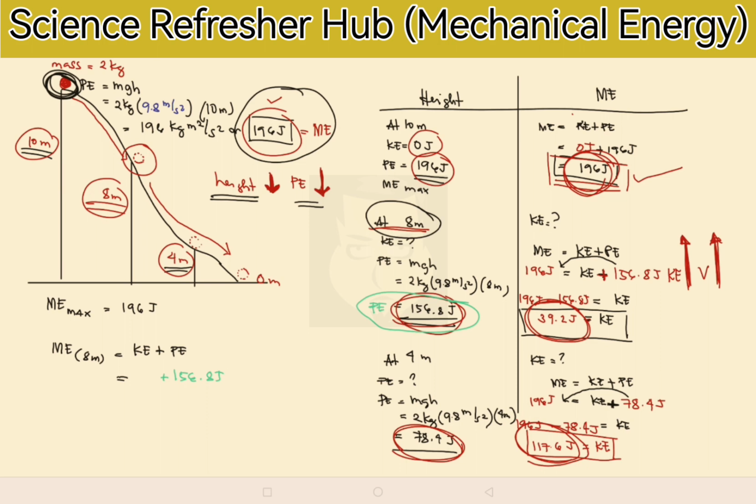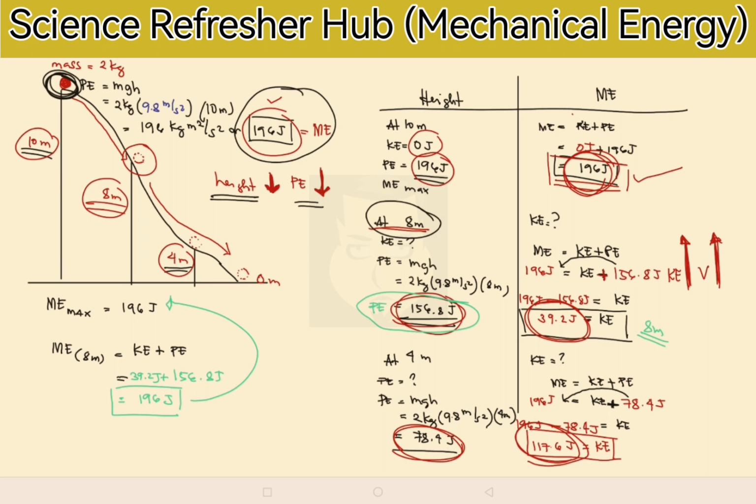And what about the value of our kinetic energy at 8 meters? We calculated it here at 8 meters. It's 39.2 joules. If we add 39.2 plus 156.8, the answer will be 196 joules. That's the maximum mechanical energy.